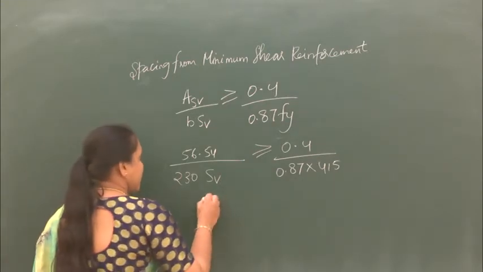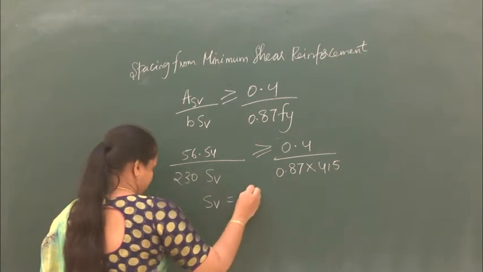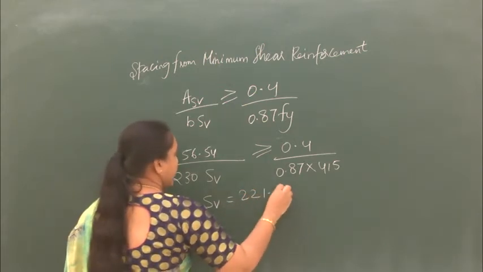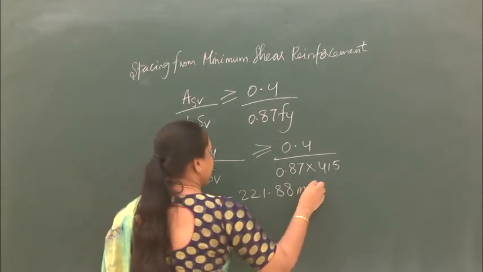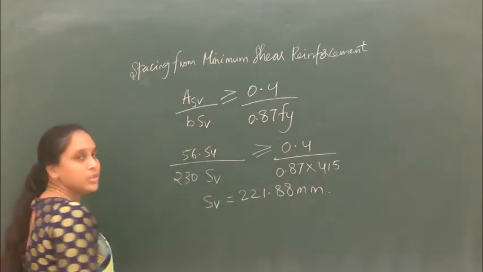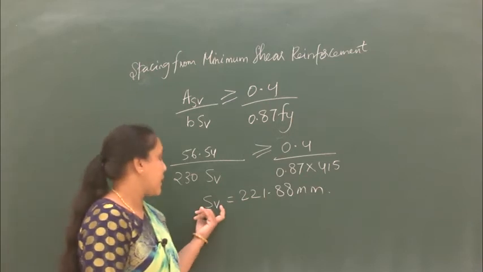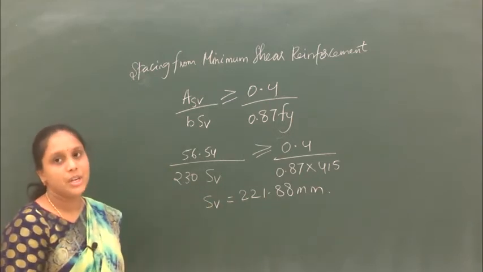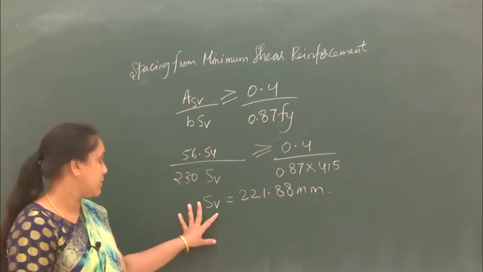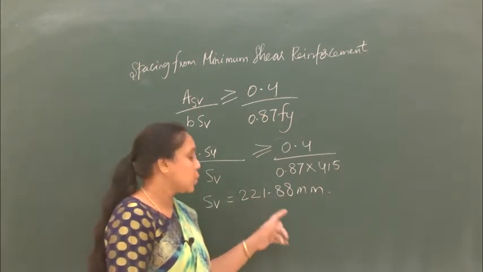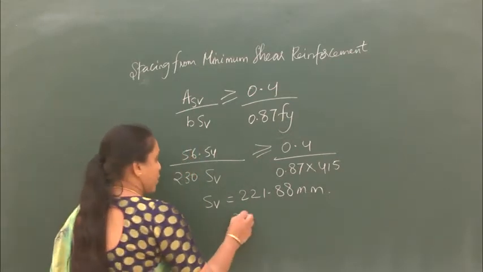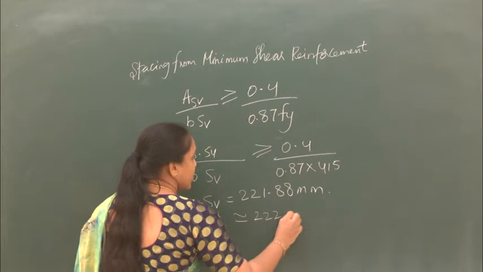So from this we will get a value of Sv as 221.88 mm. So the spacing for the minimum shear reinforcement is 221.88 mm, or you can approximately take it as 222 mm.